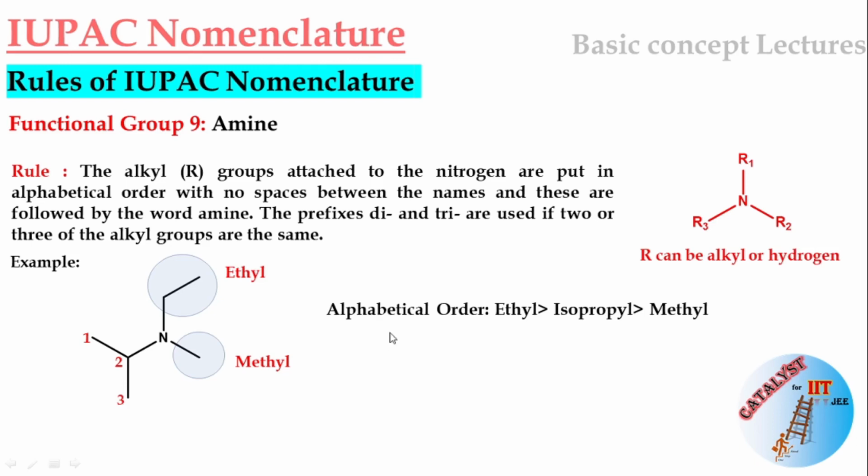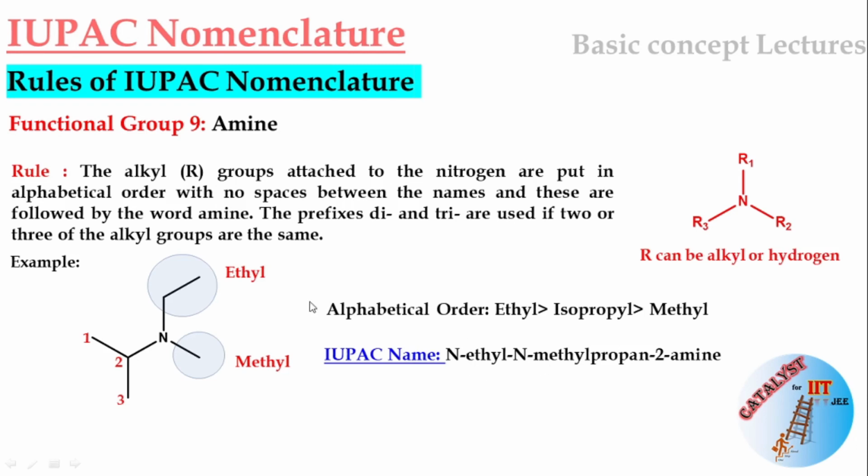So for the IUPAC name, first of all you have to arrange alphabetically, which is ethyl, isopropyl, and then methyl. So the IUPAC name is N-ethyl, N-methyl, propane 2-amine, because on the second position this functional group is present in this parent chain.